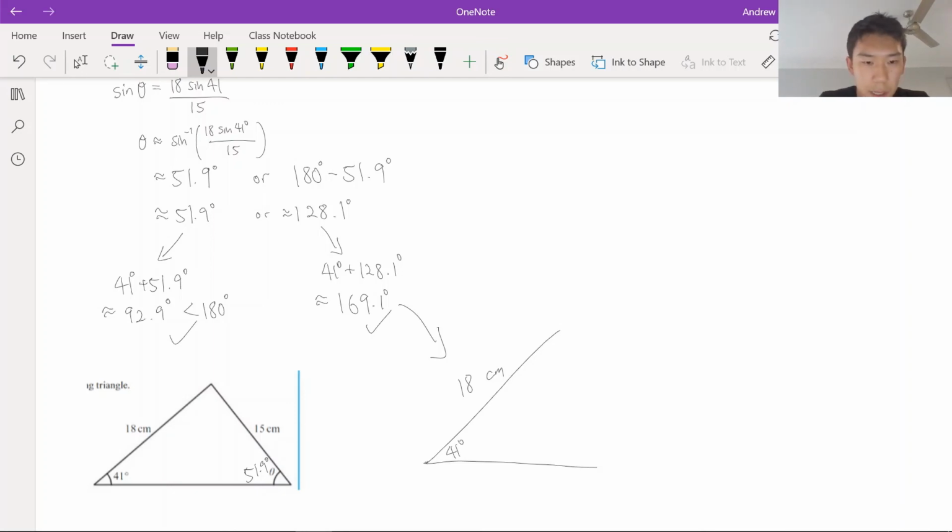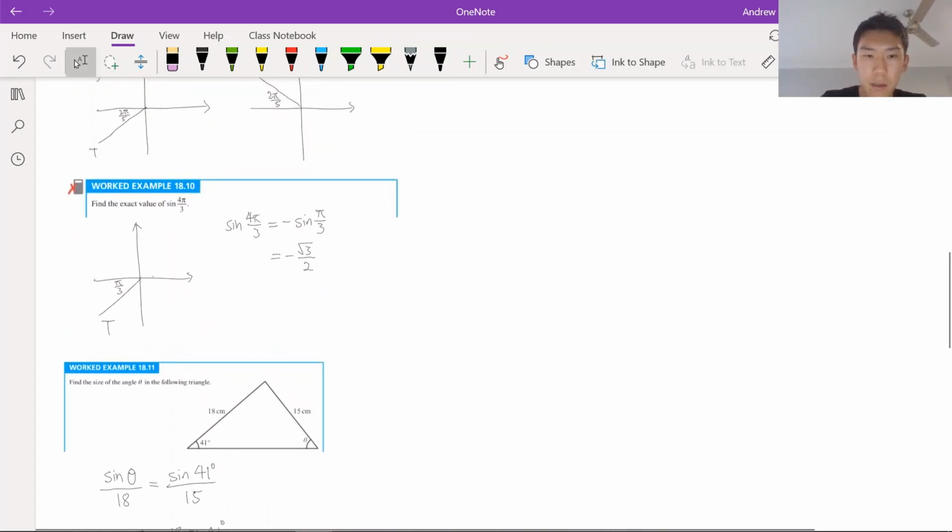Oh, but we want this theta here to be 169, which means, maybe I make that a bit longer, but which means this theta, excuse my drawing, 169.1 degrees, and then we can still get an angle here, which works, right? So this, what was the other side? 15 centimeters.